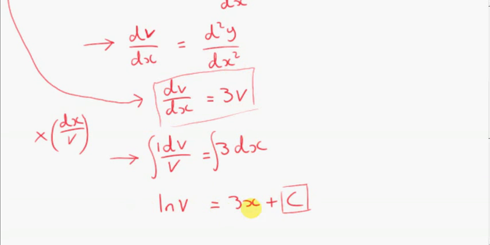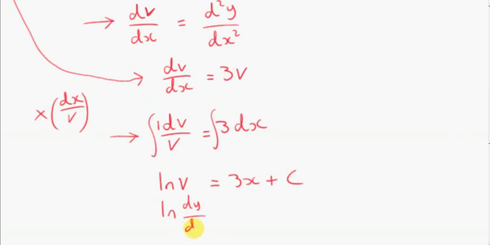We can find a particular solution to it by going to the boundary conditions. Remember, v is just dy dx. So I suppose I could write ln of dy dx equals 3x plus c. dy dx is some function of x.